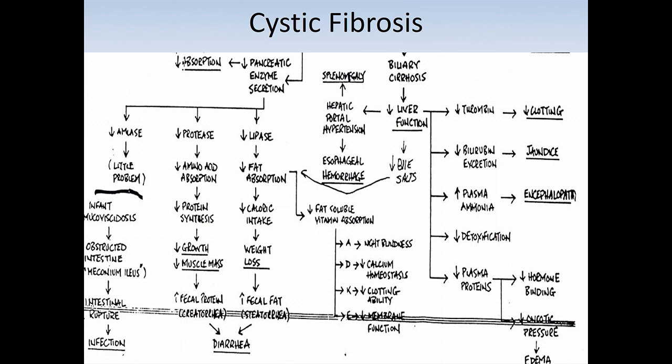Here's the loss of these pancreatic enzymes and all the problems associated with that. And let's see, down here, where's my night blindness? Right here. We don't absorb vitamin A because it's a fat-soluble vitamin, and a lack of vitamin A leads to night blindness. And so we have all these different vitamin deficiencies, all of these things that can be associated with that.